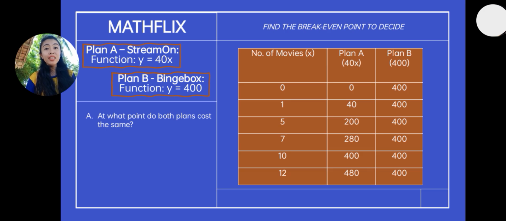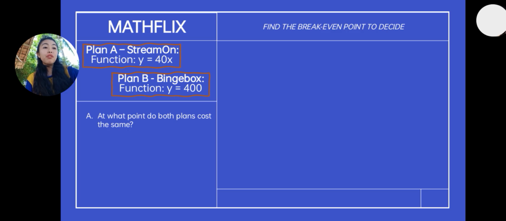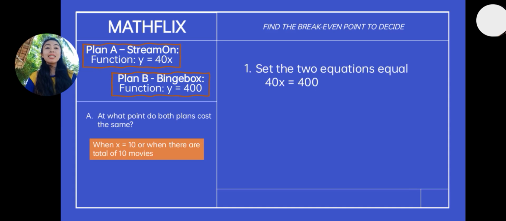The break-even point is the value of x wherein two linear functions have the same y values. We can use linear functions to find the break-even point. How? To do that, let's set the two equations equal to each other.